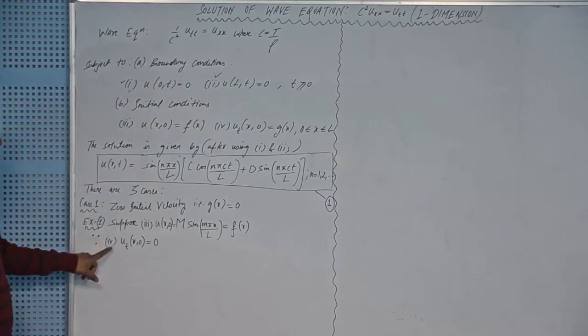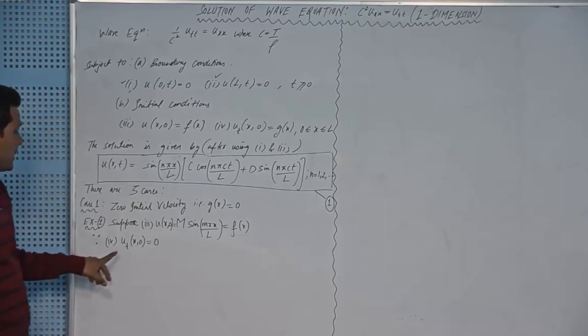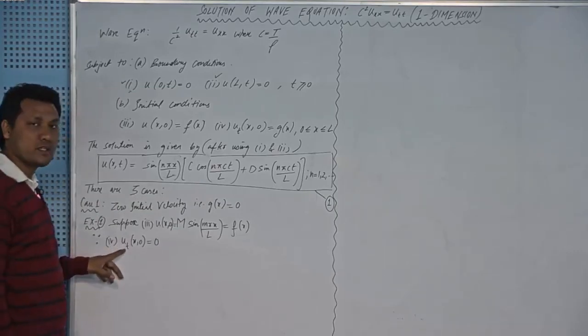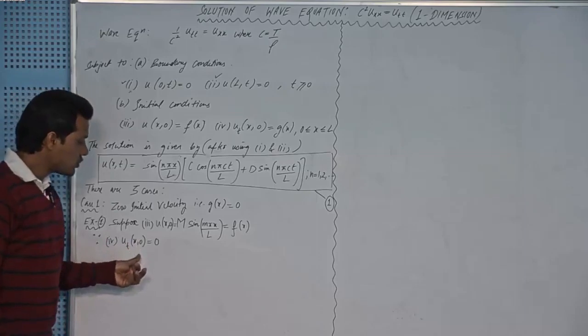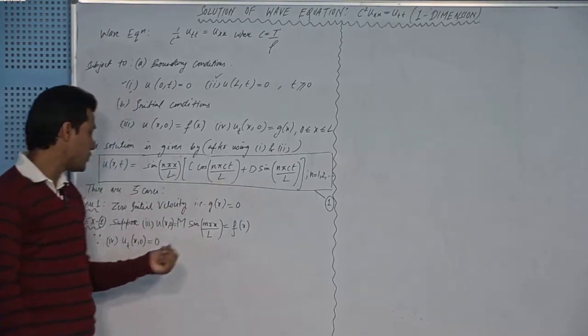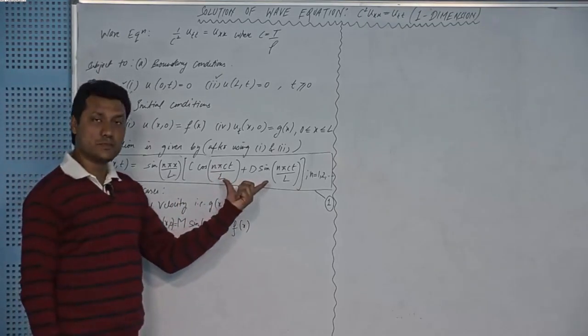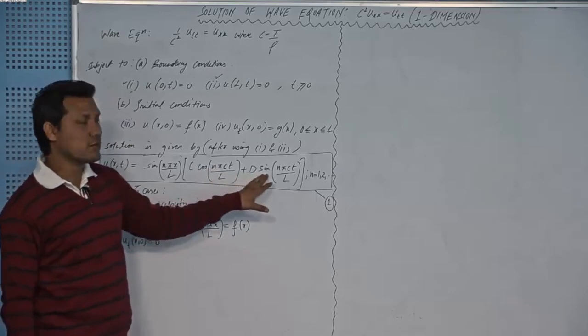Imposing this fourth condition on equation number 1, I have to differentiate with respect to t, and then putting t equal to 0, I should get u_t equal to 0. Focus on the t part, not the x part, because you have to differentiate with respect to t. If you differentiate this with respect to t, then sine will become cos.